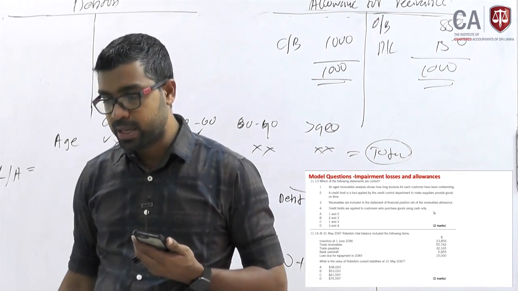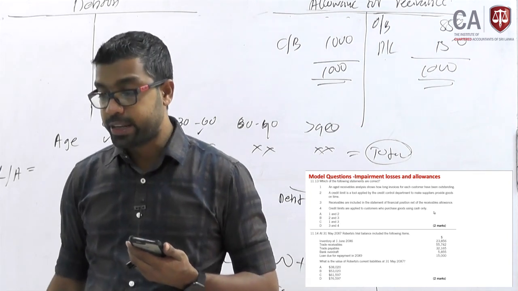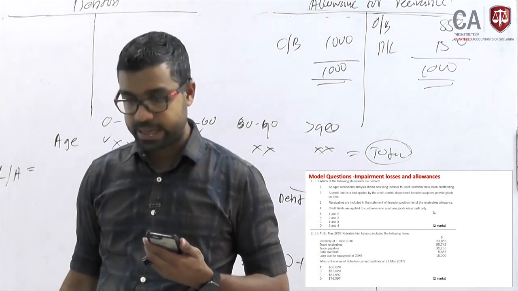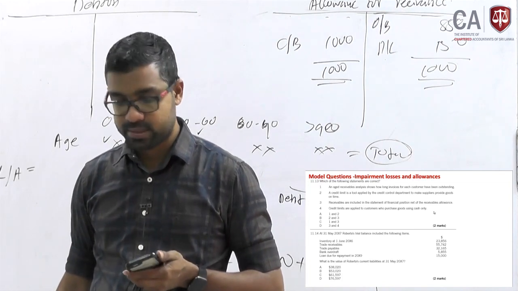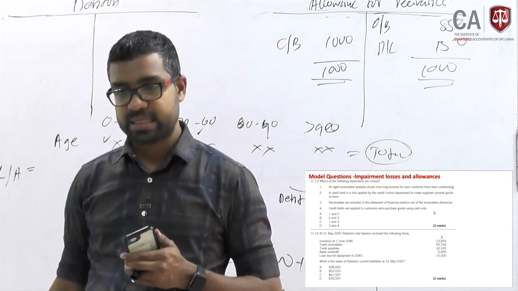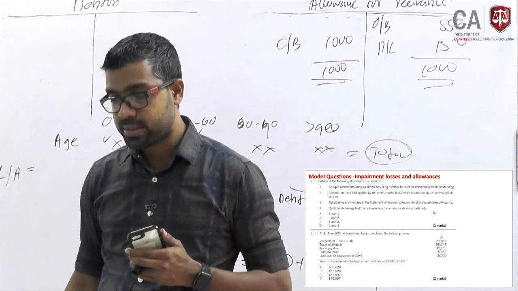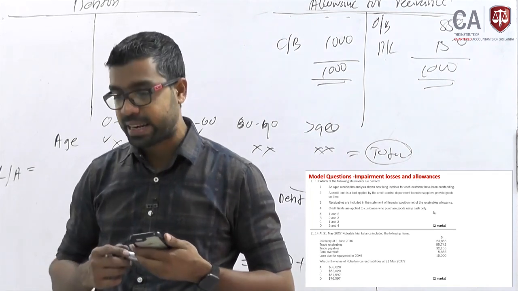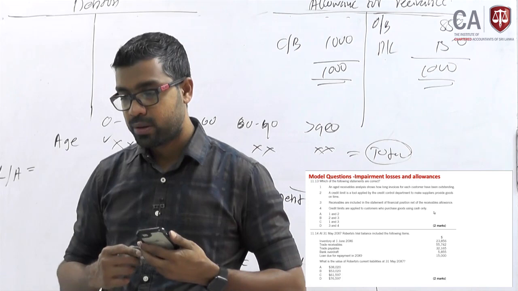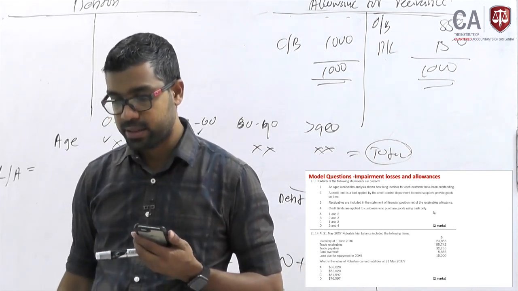Third one, receivables are included in the statement of financial position net of receivable allowance. Correct. So then answer 1 and 3 should be the correct answer. So answer C is correct. Even no need to read 4. Credit limits applied by customers who purchase goods on cash only. No, incorrect. So the correct answer, answer 1 and 3, they are in answer C, right?